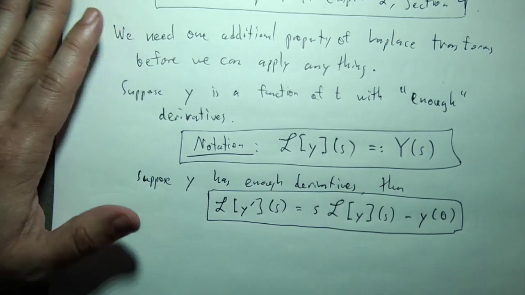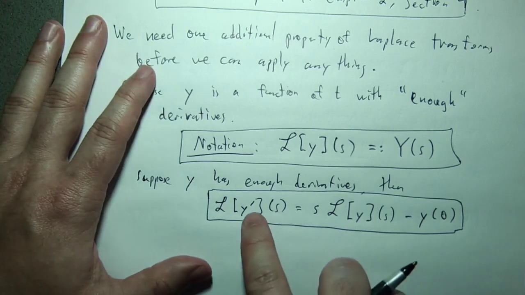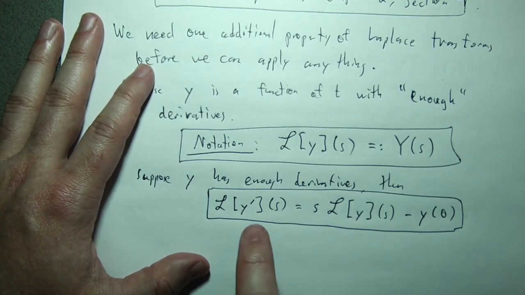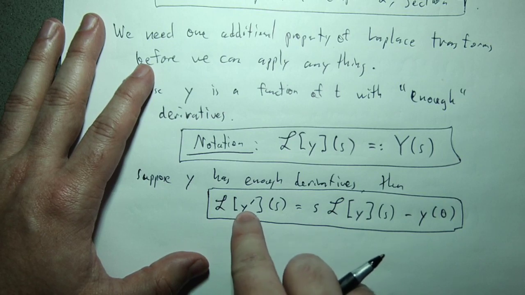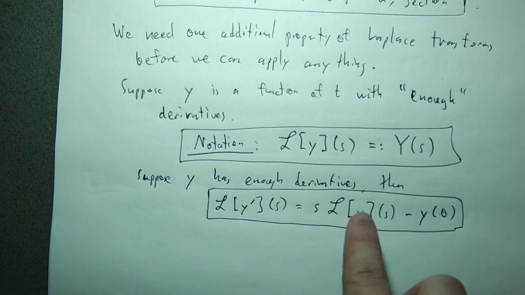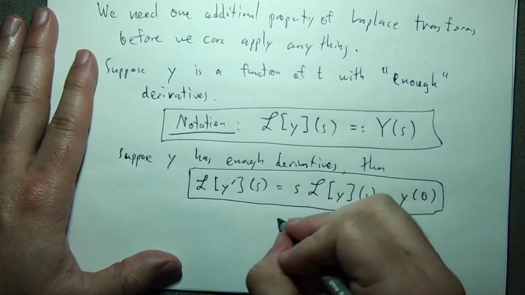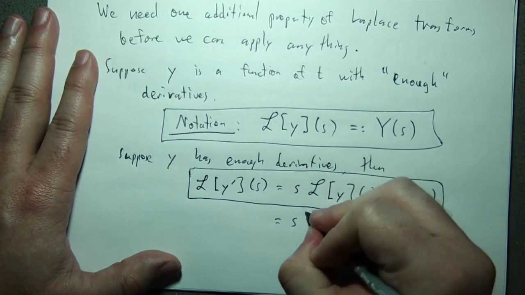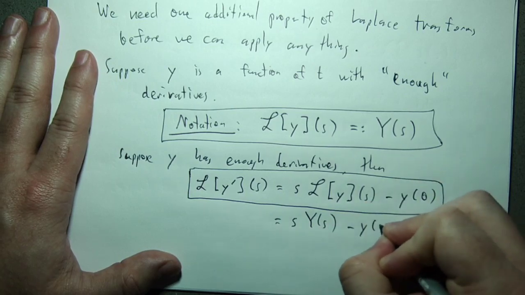So for this fact, enough derivatives just means 1 because I'm only talking about this. Okay, so this is Laplace transform of the derivative of a function. I can write it in terms of the Laplace transform of the function. And so simplifying this becomes s of big Y of s minus little y of 0.